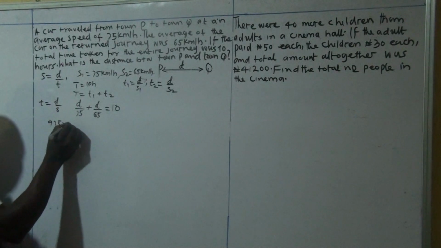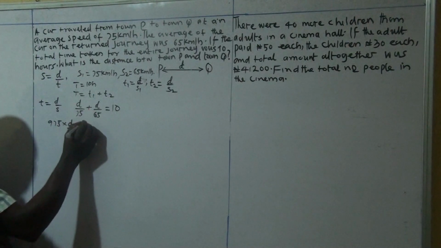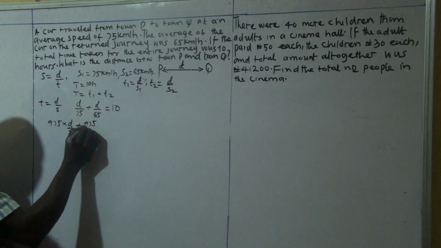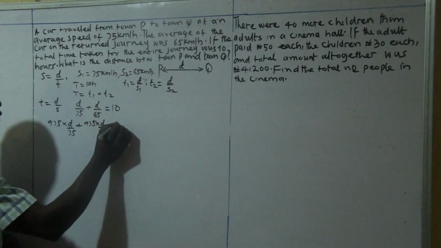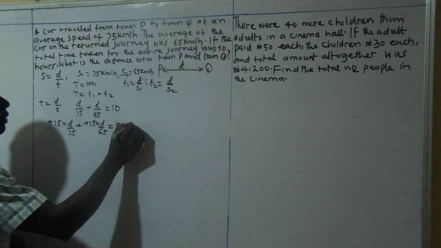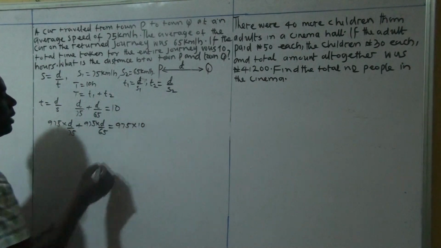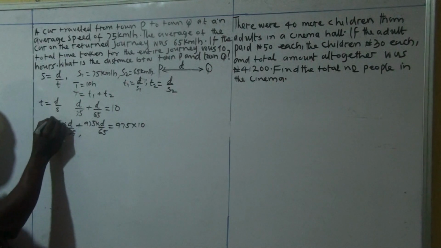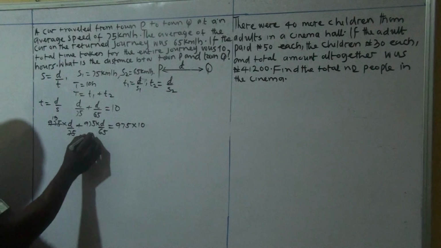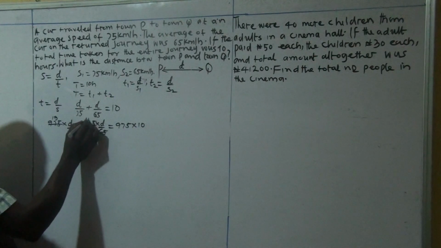This becomes 975 times D over 75 plus 975 times D over 65 is equal to 975 times 10. 975 over 75 will give us 13D, and 975 over 65 will give us 15D.